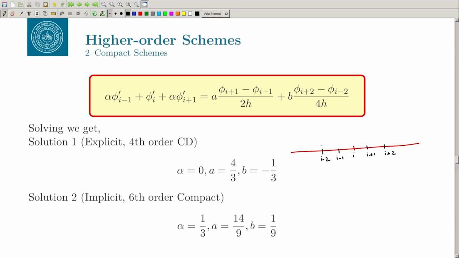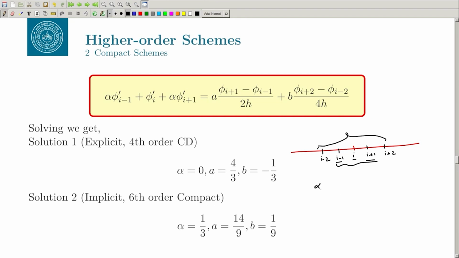We are going to use all these 5 points to compute our derivatives at these 3 points. You can use the 5 points on the left side also, but that will create a pentadiagonal system and that will become even more expensive to compute, right. So, on the left hand side, keep only I minus 1, I and I plus 1, and on the right hand side we can use the 5-point stencil.